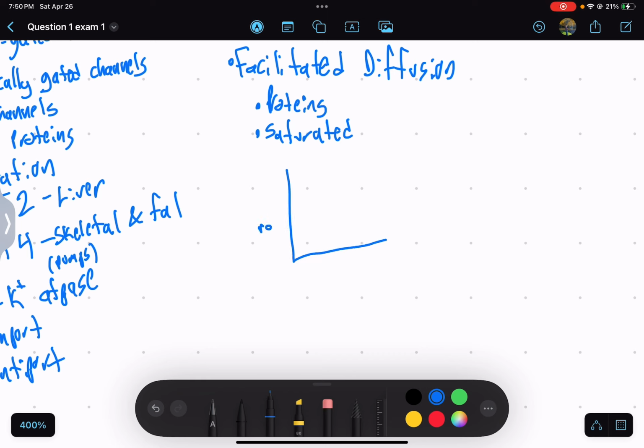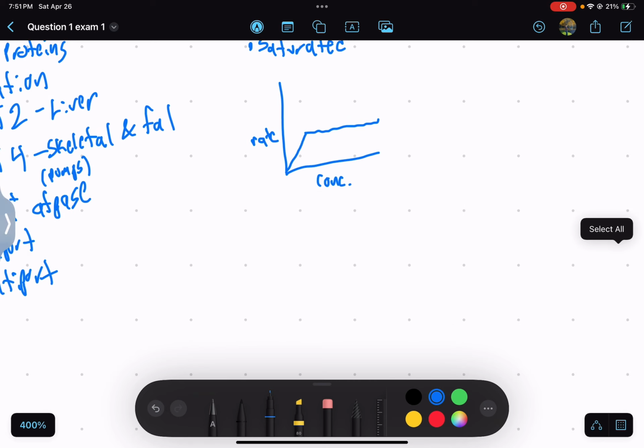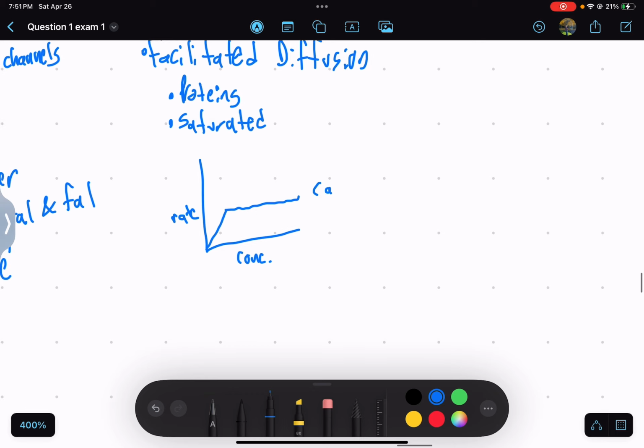So this graph is going to be rate by concentration. Whenever your concentration increases, it'll reach a point to where those proteins cannot push them through any faster than the higher concentration you have. And this is going to be very true for carrier proteins, which will be saturated a lot faster than channels.